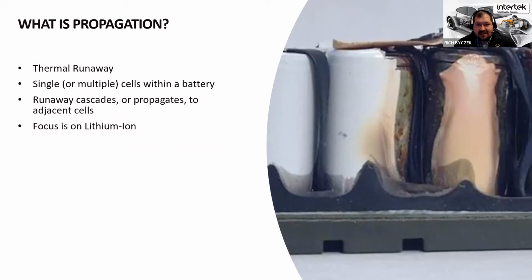That's an expected reality, that you'll have a single cell going to runaway. However, what is not the expected or acceptable reality is when those do propagate throughout the battery, creating a large scale fire that goes beyond the case of the battery, requiring some sort of external firefighting or potentially causing external damage beyond the casing of the battery. Of course, today we're talking lithium ion specifically.